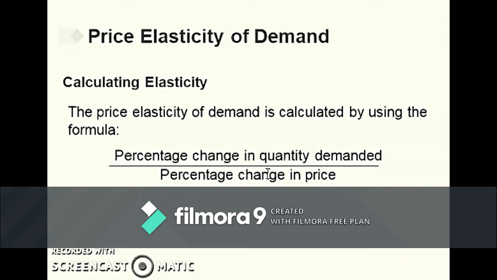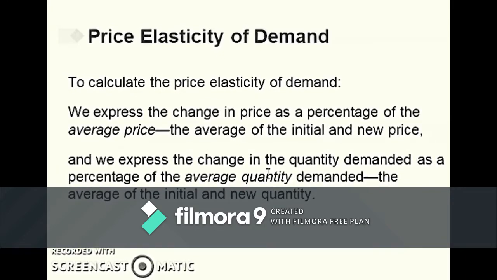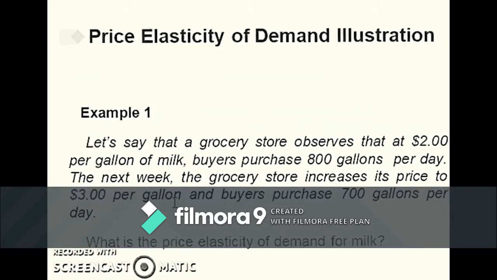It means how much change in quantity demanded a 1% change in price will bring. To calculate the price elasticity of demand, we express the change in price as a percentage of the average price, the average of the initial and new price. And we express the change in the quantity demanded as a percentage of the average quantity demanded, the average of the initial and the new quantity. We will see with the help of an example.